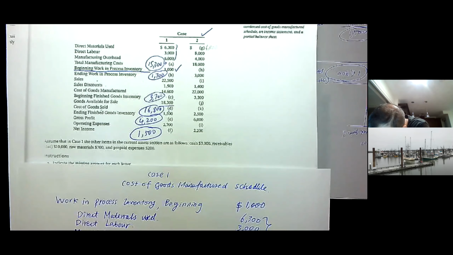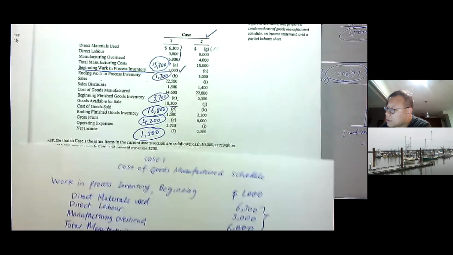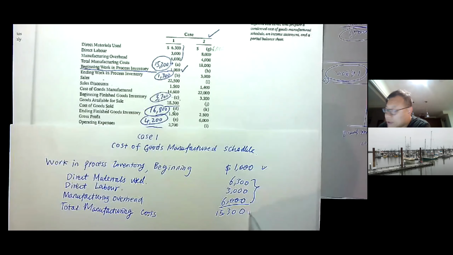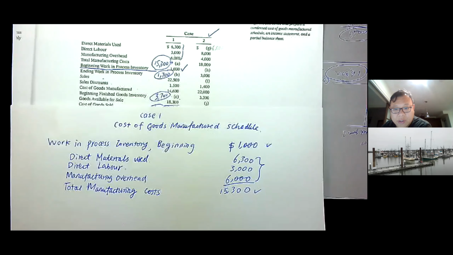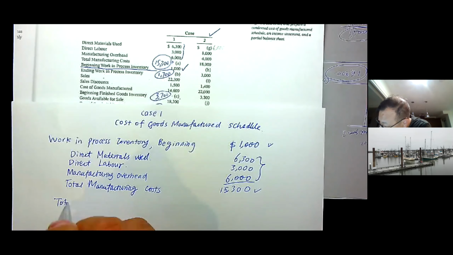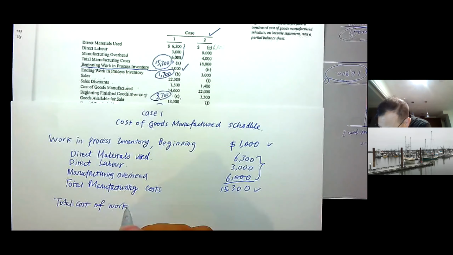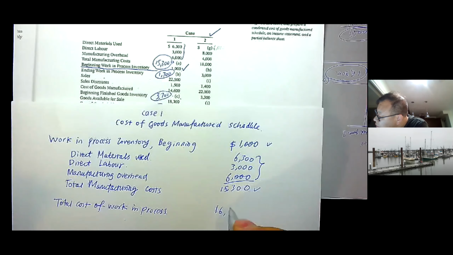And then these two numbers add up. So you have the total cost of work in process, 16,300.